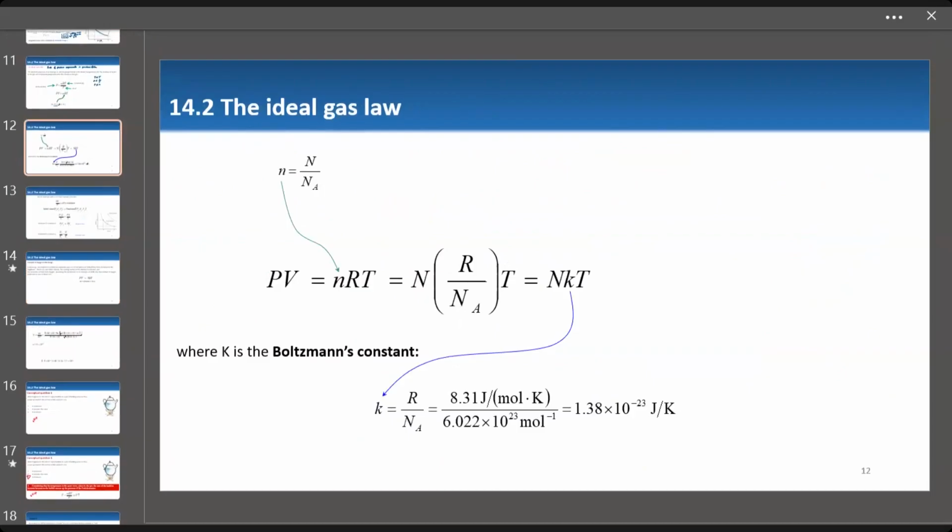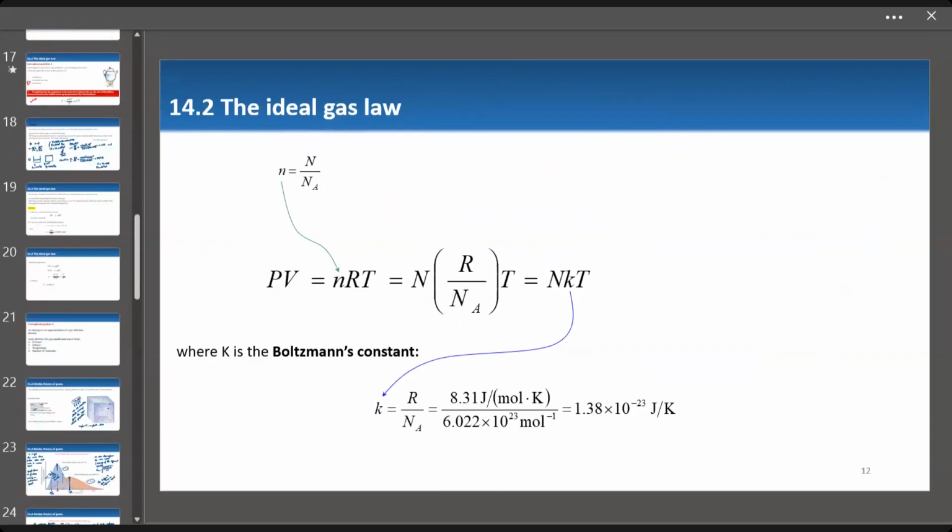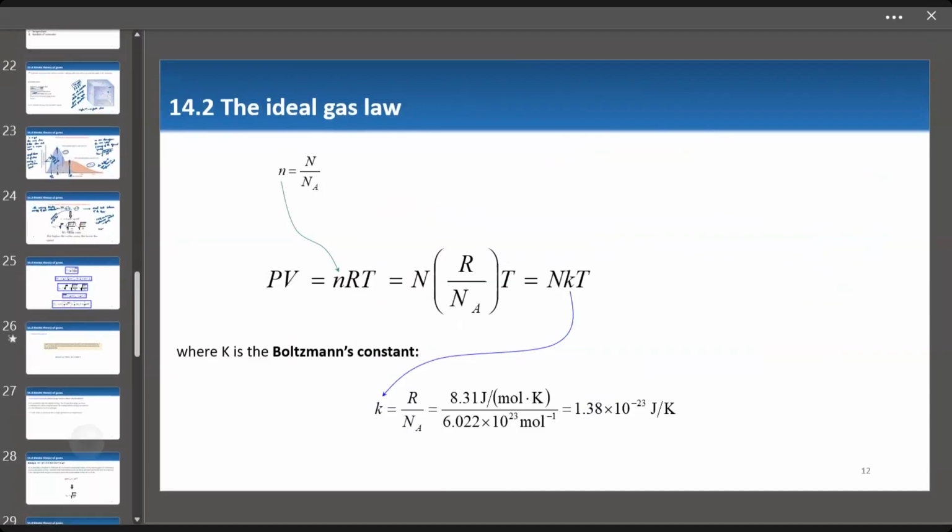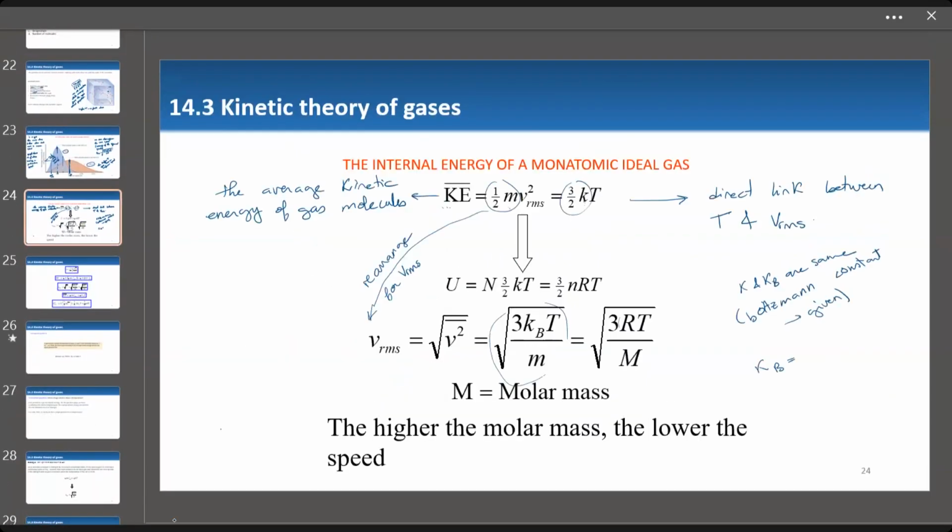So basically, k is equal to R over NA. This is Avogadro's number. So we can write VRMS in terms of R as well, not just kB. So we have these two formulas. In the second formula, we have R as a constant rather than k, but in the denominator, we have the molar mass instead of the mass. So it will depend on what you are given, and then you use the more convenient formula.